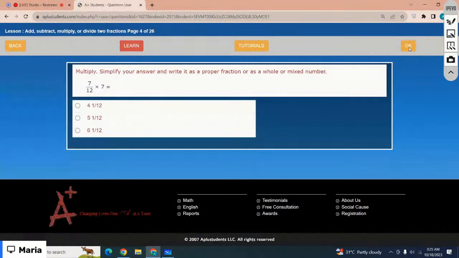Okay, multiply. So which is the correct option? So how do you multiply? 7 times 7 is 49 and 49 over 12 is option 2.